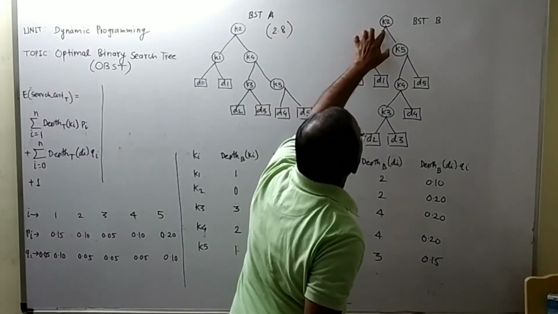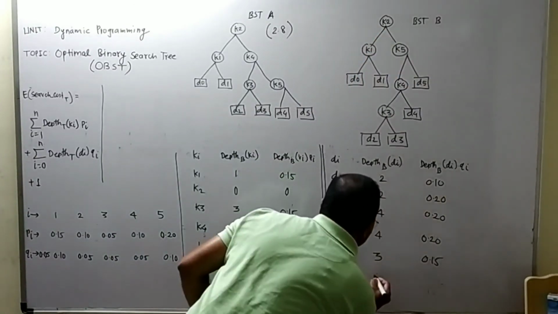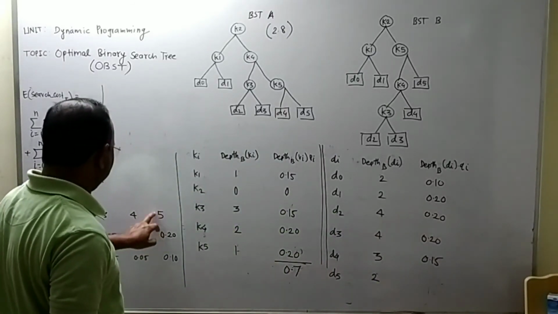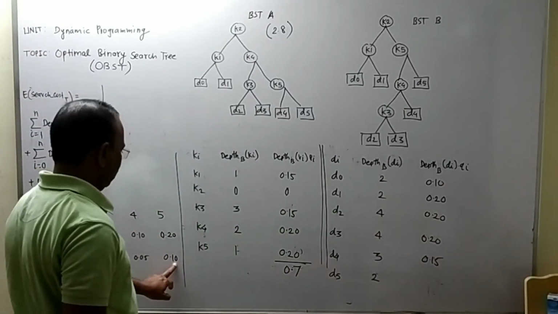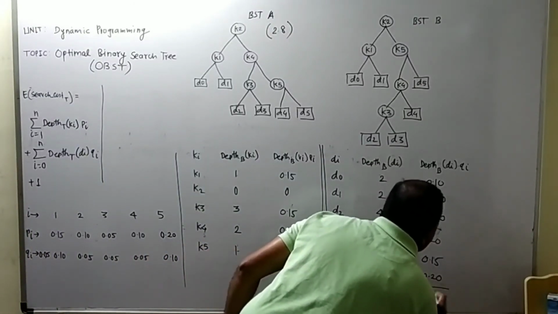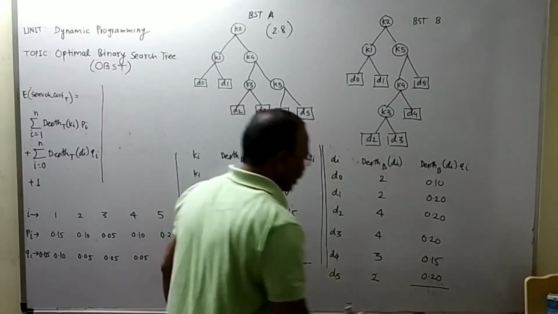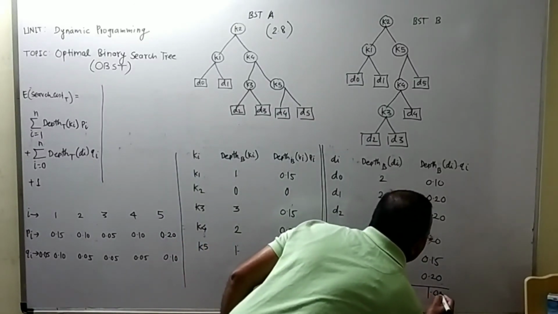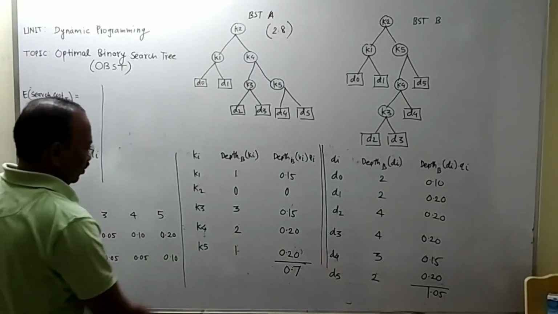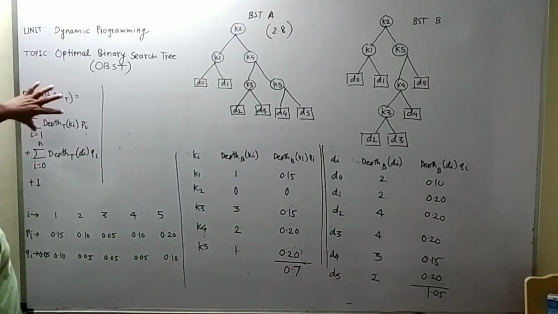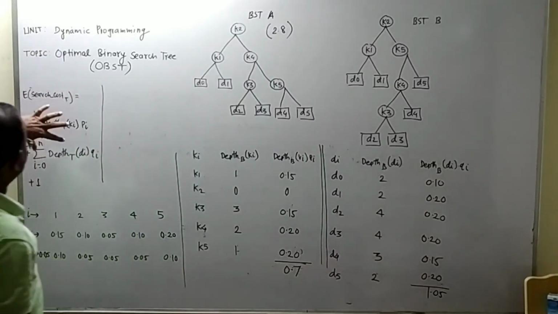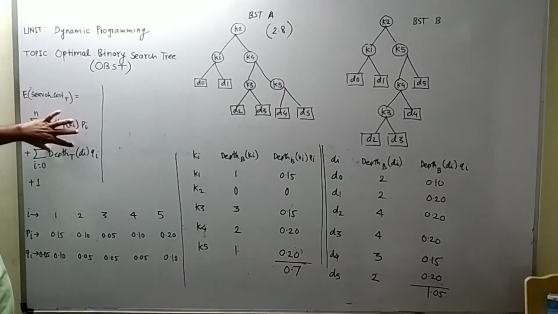It gives 0, 1, 2. Now multiply 2 with the probability of D5, that is 0.10. It gives 0.20. And add these values, it gives 1.05. Here 0.7 is the value of this summation, 1.05 is the value of this summation.